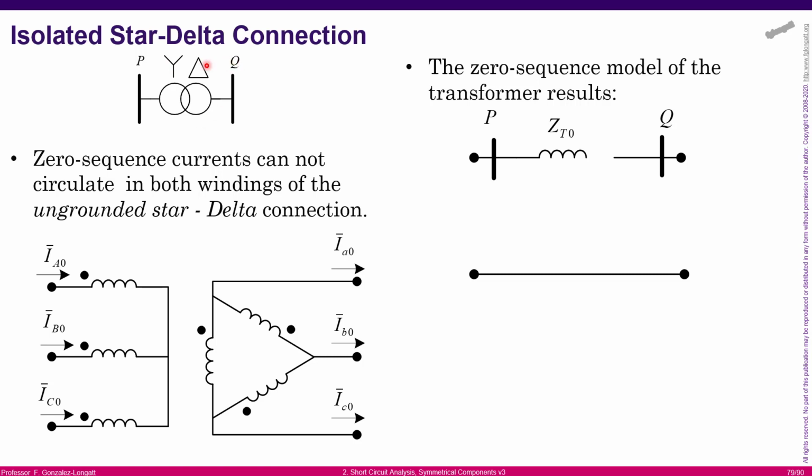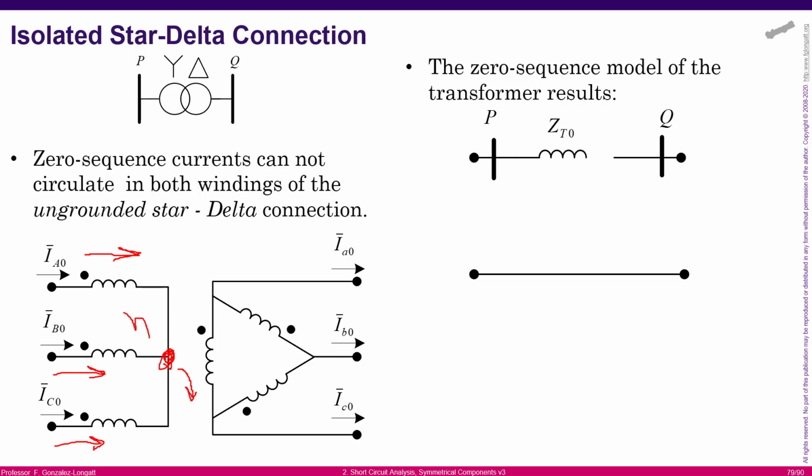And in the low voltage side, we have a delta connection. Now the interesting question is what is the sequence network, the equivalent model for this zero sequence. Well, it's quite interesting. Here we have the zero sequence, but when they reach the neutral point, there is a problem. Because remember, if we have zero sequence here, they will go to the neutral point, and at the neutral point, they will try to go out, but that is impossible because the neutral point is isolated from ground.